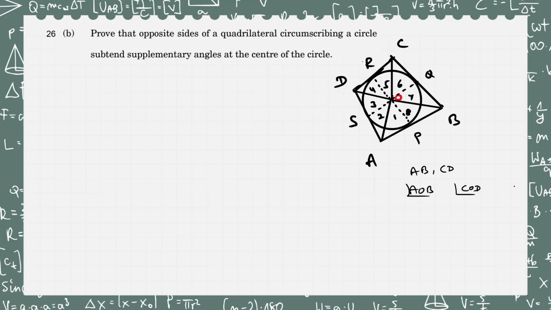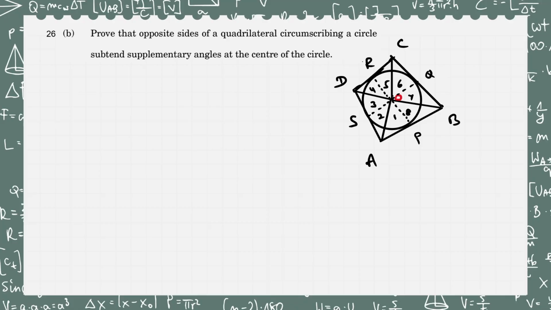Those are the angles made by the sides of the quadrilateral at the center. When we add both of them, it should be 180 degrees. I mean supplementary angles. That's what we need to prove. The same way, the other two opposite angles, I mean BOC angle plus AOD angle also is equal to 180 degrees. That's what we need to prove.